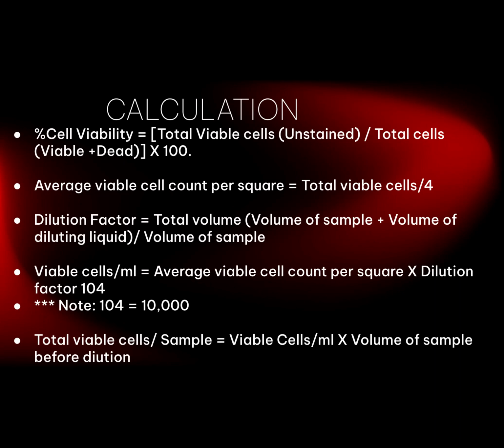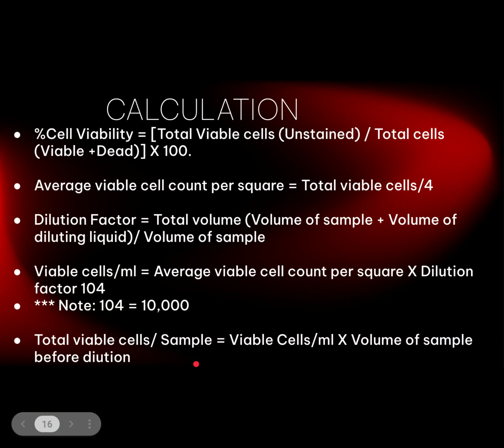The following formulas are given to you; you can go ahead and screenshot this for your reference. Again, we should be able to identify the percent of cell viability, the average viable cell count per square, the dilution factor, the viable cells per milliliter, and the total viable cells per sample.